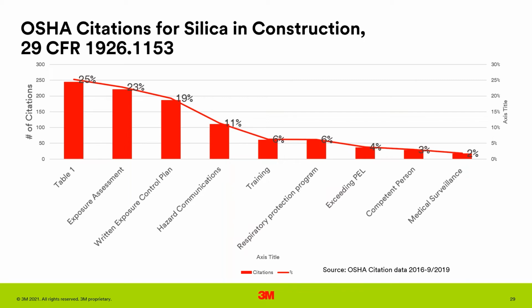But it also specifies when they have to wear respiratory protection. So if you approach a site and ask, are you using Table 1 for your exposure assessment, and they say yes, you can ask, are you using the proper respiratory protection? If not, that would give you an opportunity for a sale. Next.